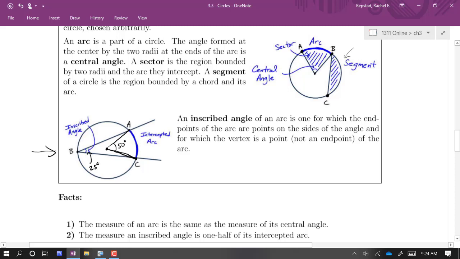And what's even more interesting is that we get the inscribed angle by making the vertex any point on the circle itself, B. So no matter where I pick that vertex to be, these angles are all 25 degrees, because they're going to be 1/2 of the measure of the central angle associated with that arc.